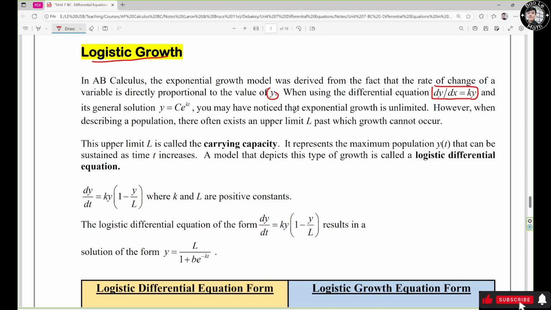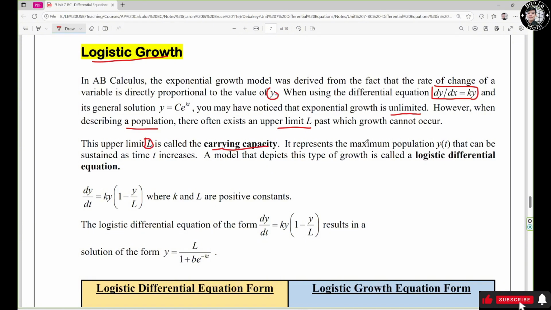You may notice that the exponential growth is unlimited. However, when describing a population, there often exists an upper limit L, past which growth cannot occur. This upper limit L is called the carrying capacity.